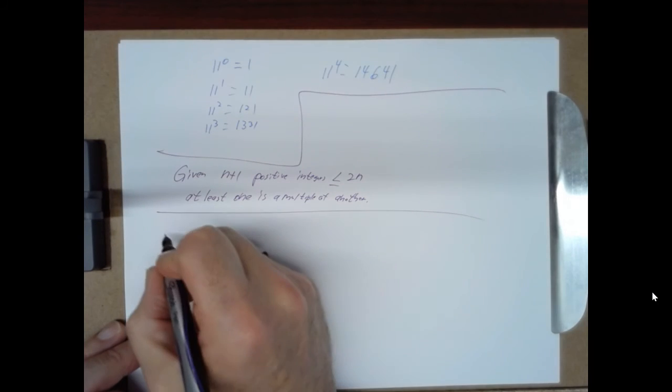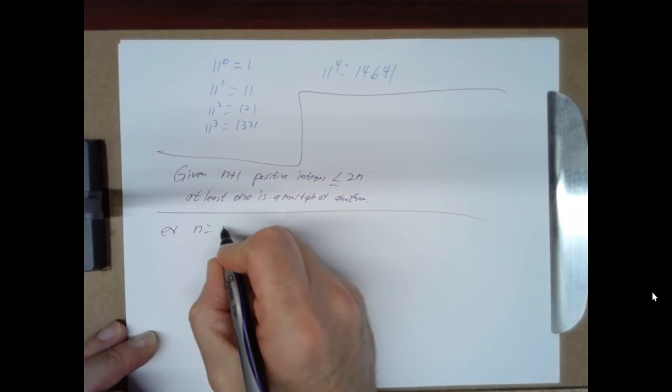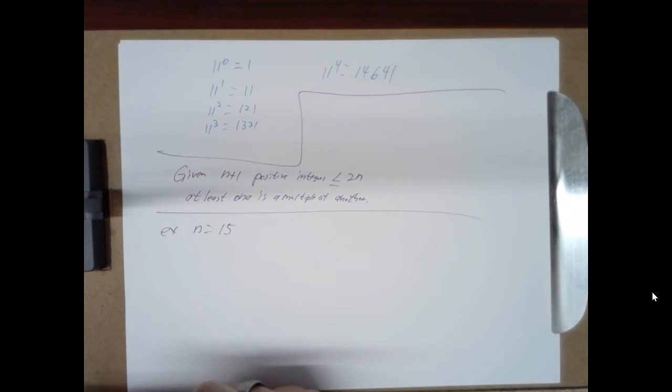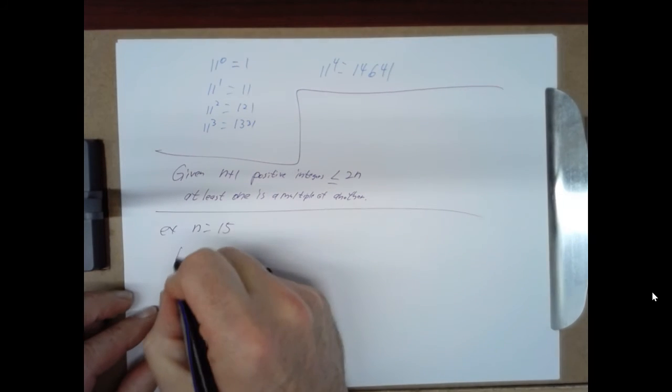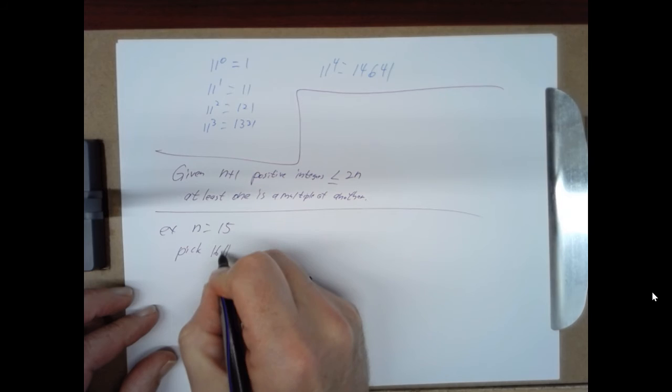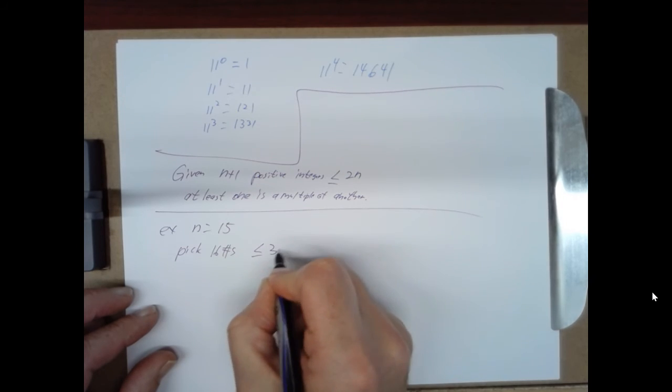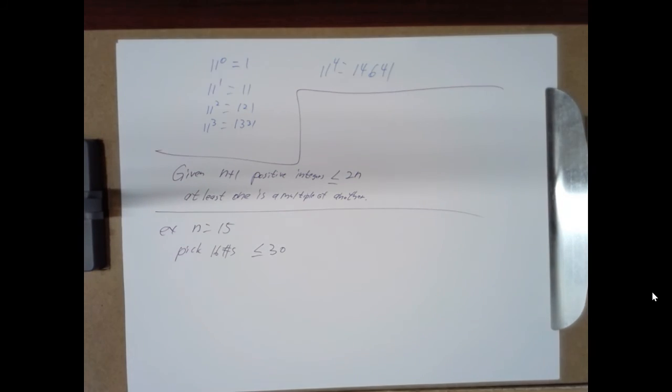So for example, let's let n equal 15. So we want to pick 16 numbers less than or equal to 30. And we want to try to pick 16 numbers so that none of those numbers divides any of the other numbers.